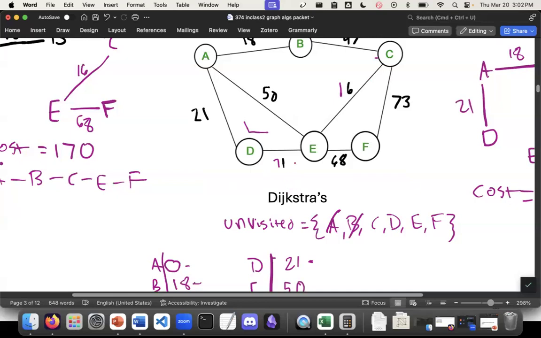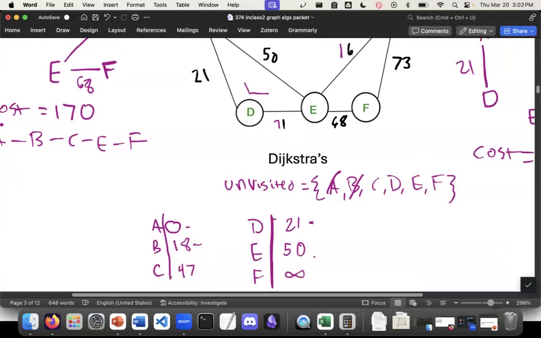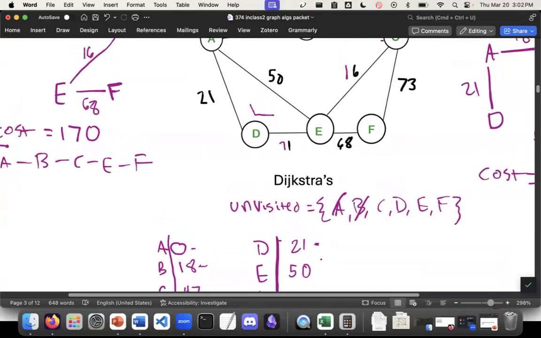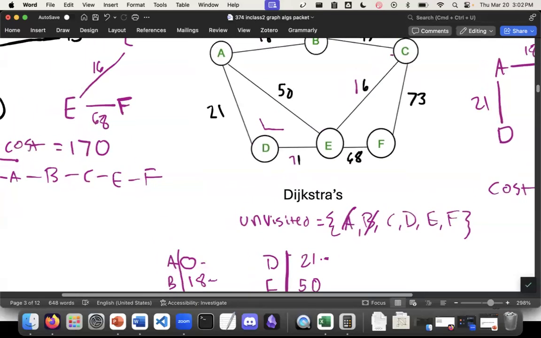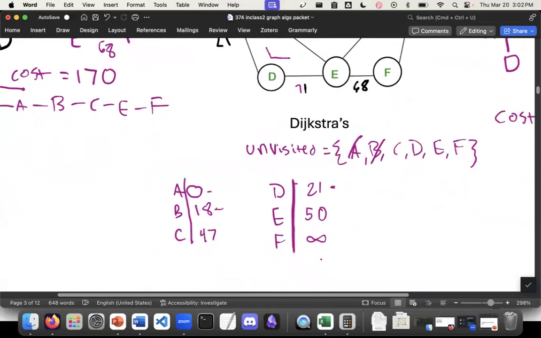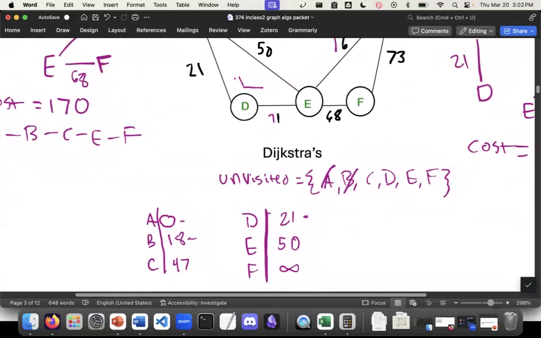Is 92 better than our current listed time of 50? No. So we don't change anything. And I think that's all we can do for that one too. So D is now done.